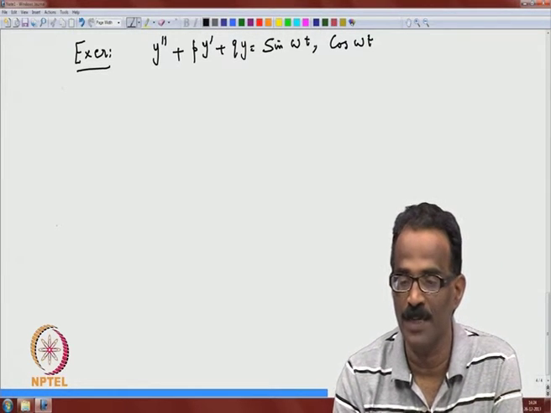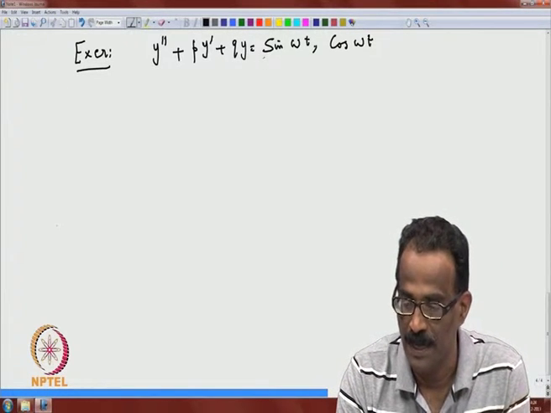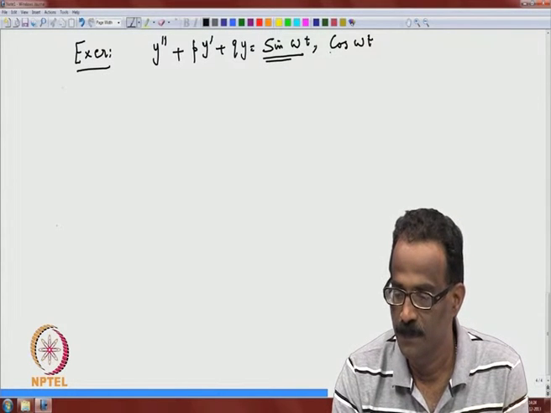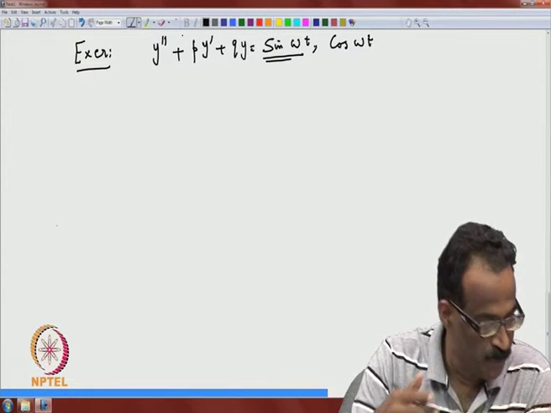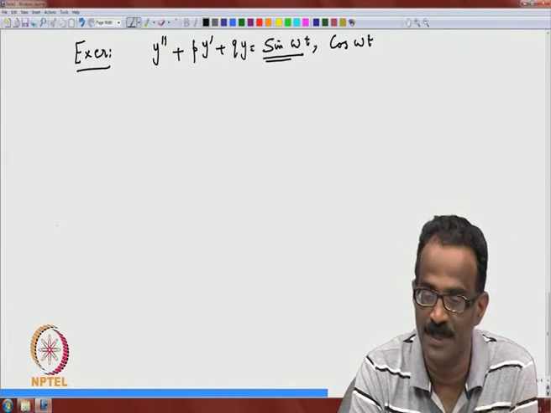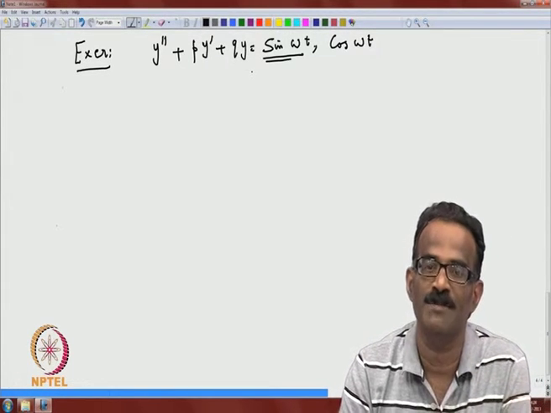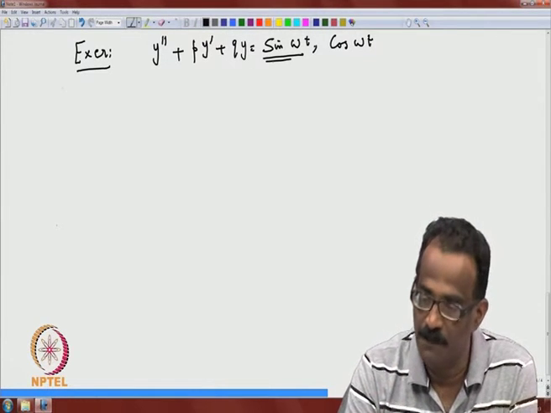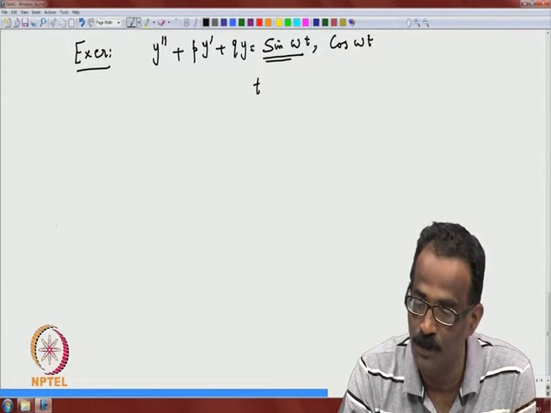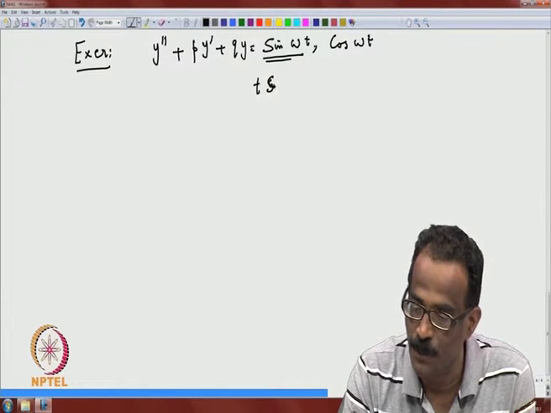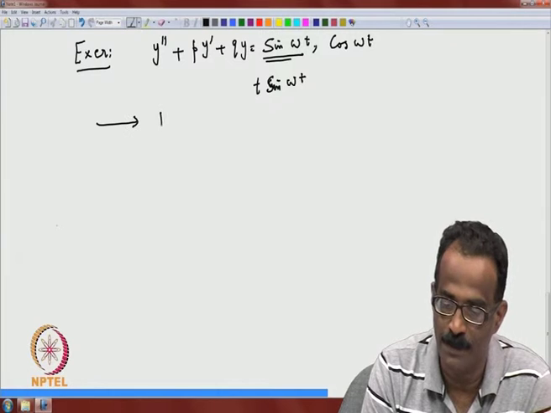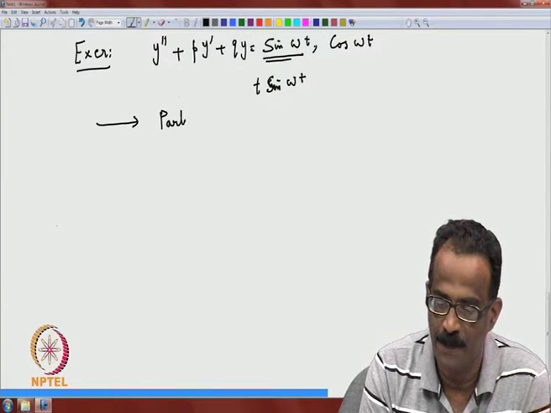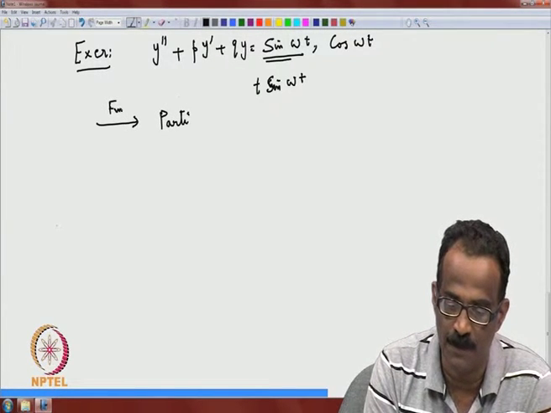So, what you look for is a solution, first you determine a solution of this form. If omega is not a root of the same homogeneous system, you can proceed with the same form, and if that is not a solution, next time you try t sin omega t. So, the exercise is to find a particular solution.